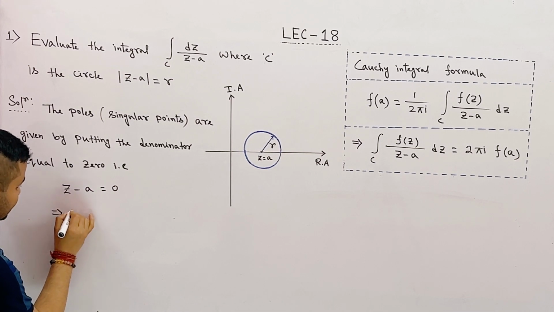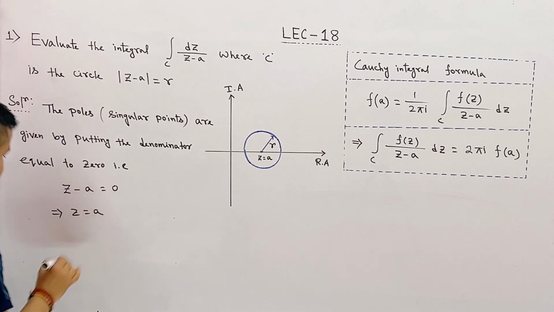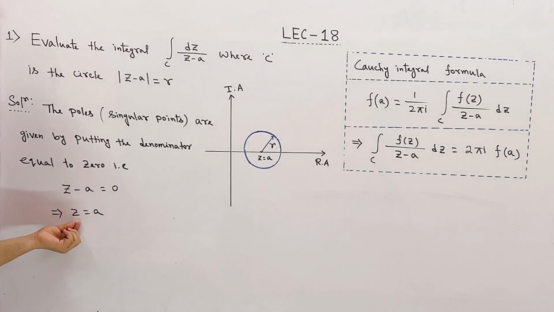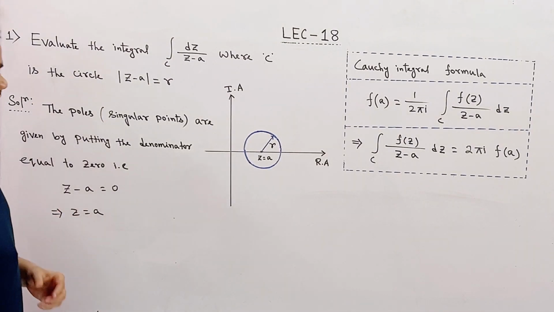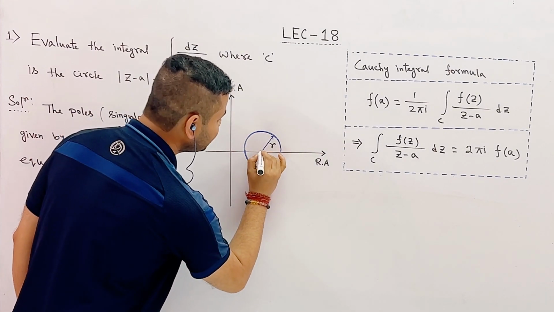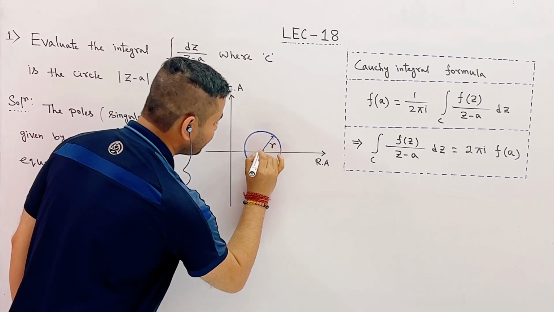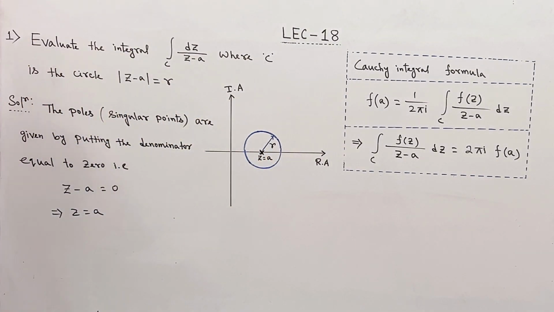This implies z equal to a. So here we have seen that the pole or the singular point is located at the center of the given circle. So this is the location of the pole.